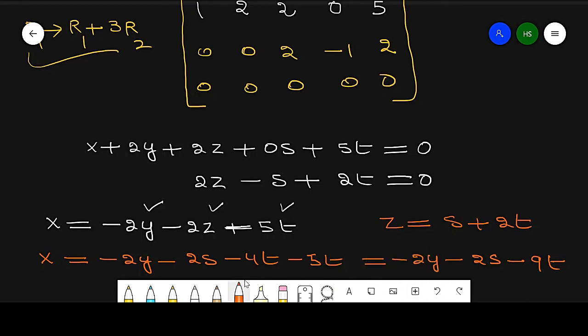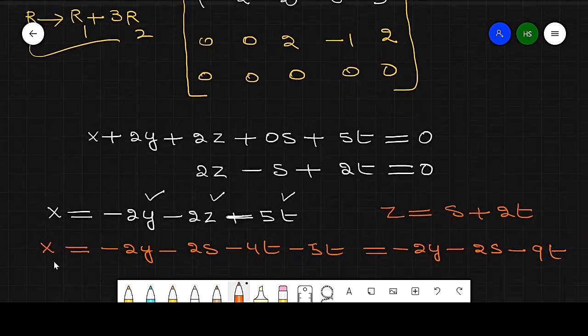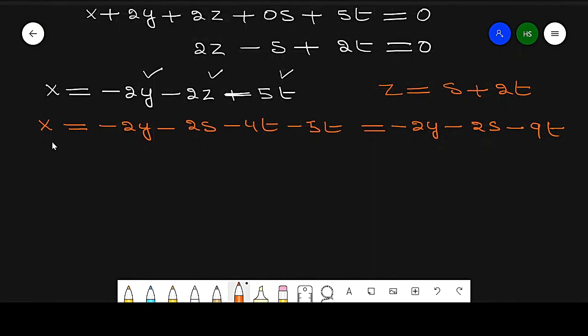Remember that x depends upon y, s and t, and z depends upon s and t. It means it depends at maximum on three variables y, s and t.